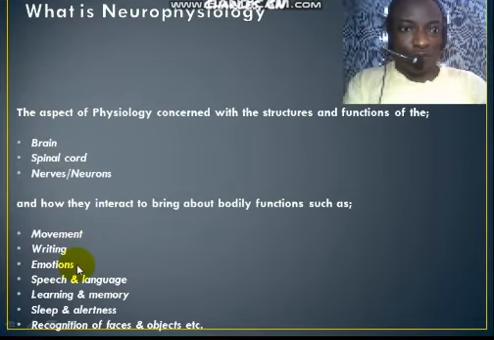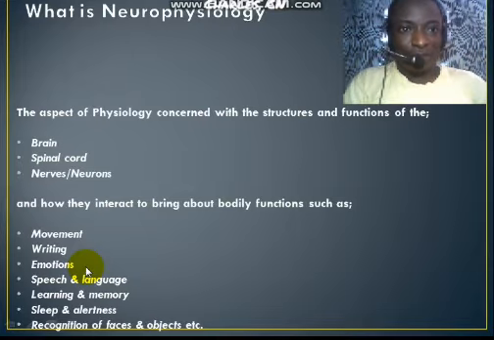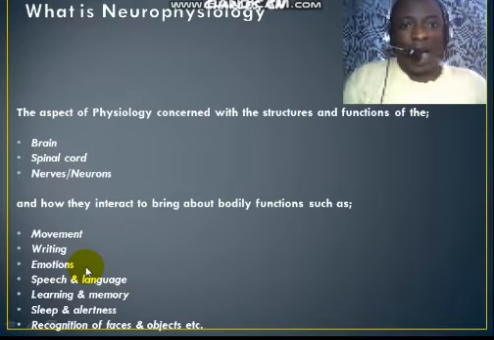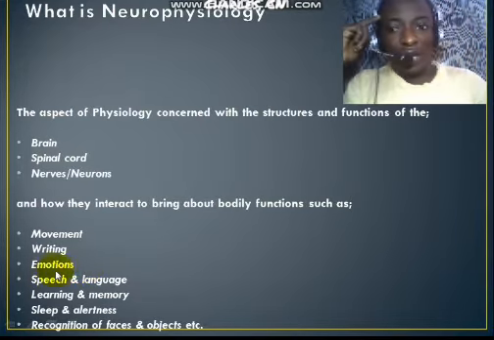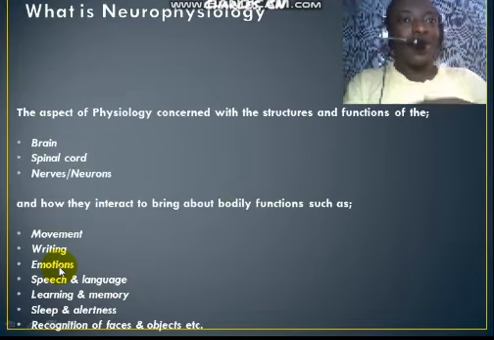Also, emotions are a very important aspect of human life. Every emotion is controlled by the nervous system, such as feelings of joy, sadness, anger, fear. All these are emotions, and there are structures in the human brain that control emotions. Also, falling in love. When you fall in love with a person, it is not your heart.